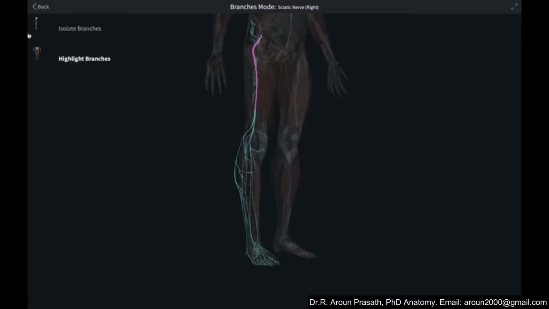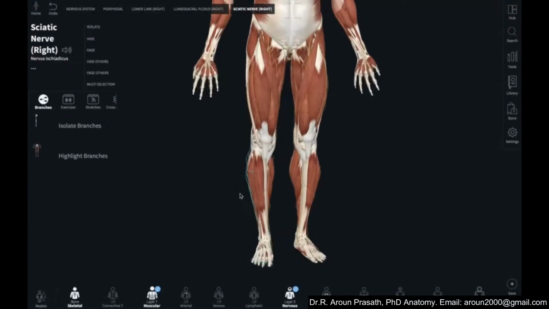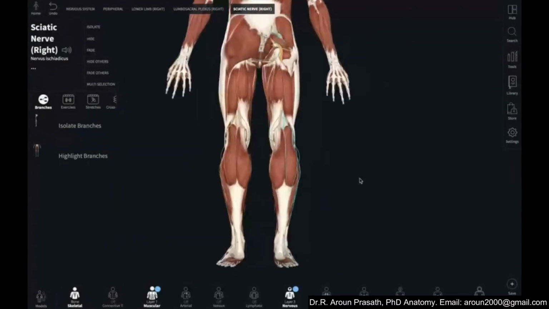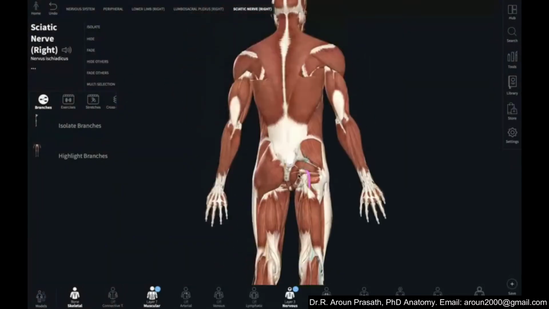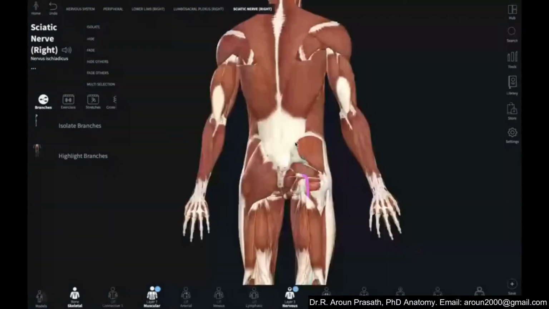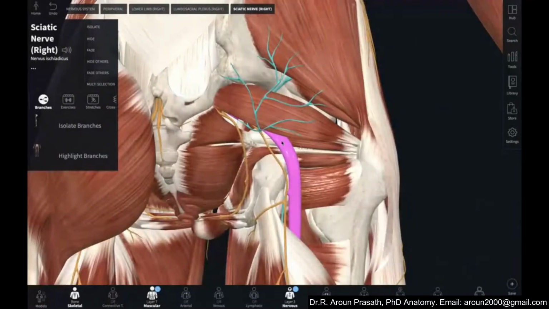When a muscle is paralyzed, it's not going to work properly. So you need to take care of this nerve when you give intramuscular injection in the gluteal region. Don't come to the middle of the gluteal region, just select the upper outer quadrant.